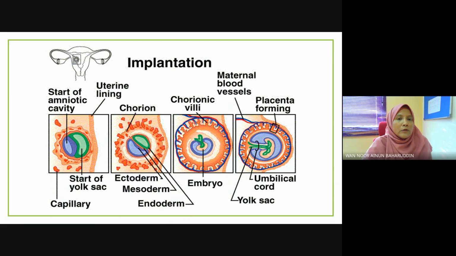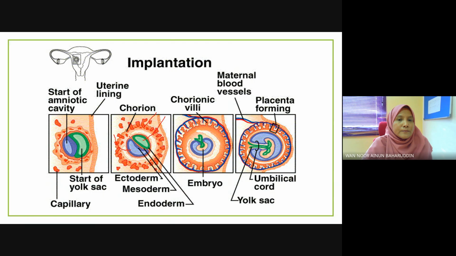So the embryo can develop, you see the colors blue, green, and red. It develops into ectoderm for the blue, mesoderm for the red, and endoderm for the green.